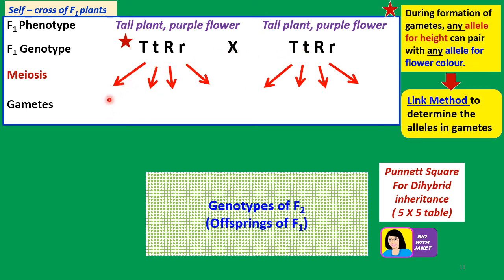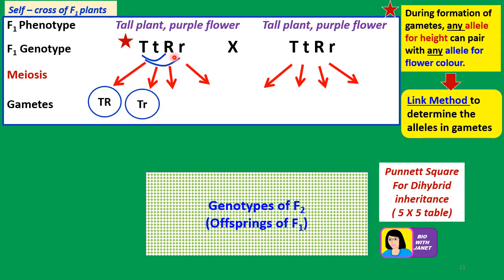So what are the alleles in the gametes? Now, according to Mendel's second law, during formation of gametes, any allele for height can pair up with any allele for flower color. Any allele for the first characteristic can pair up with any allele for the second characteristic. So big T can combine with big R, so you get a gamete that contains the alleles big T, big R, or big T with small r.